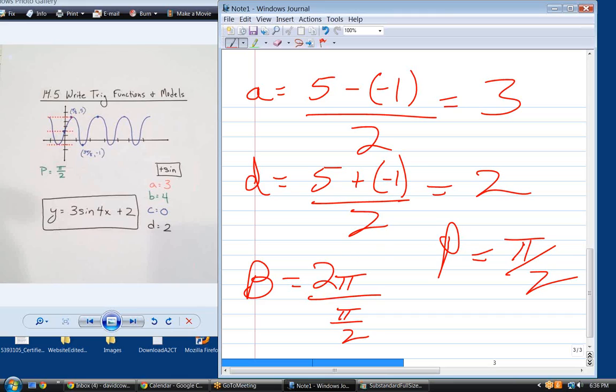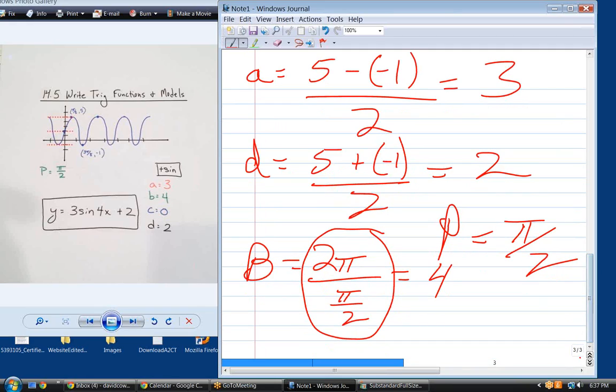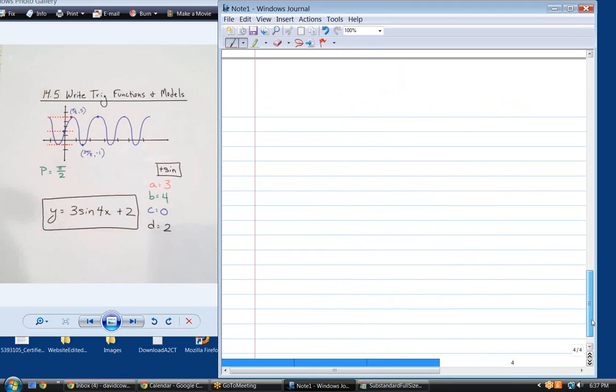So you have to know how to simplify that. And you can tell that if I flip and multiply, I get 4. So that's how we got a B of 4. Okay. And the last thing we have to figure out is how we get C from this graph.